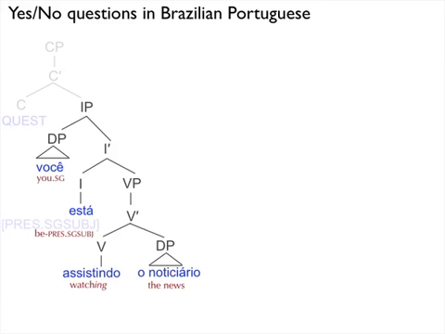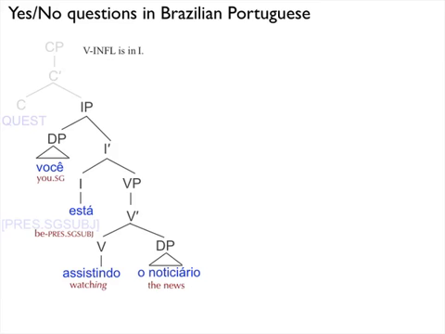They just use regular main verbs for that. So probably está here should be a V at the initial level. I'm just skipping that because it's too much work to draw. But it wouldn't matter. If it were, it would still have to end up in I.